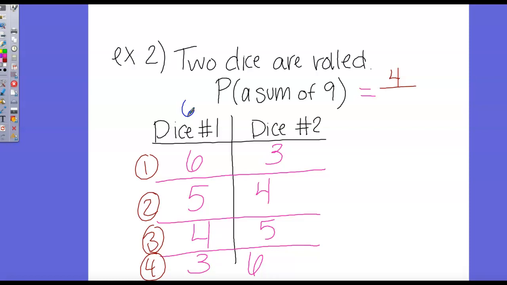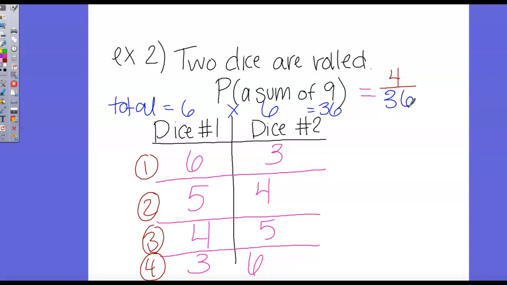So I'm going to have 6 groups of 6, because this dice has 6 options times the 6 options on this dice. So I would get a total of 36. If you want to write that down below, that's fine. I ran out of room underneath. So we have 6 times 6, which is 36 total options.